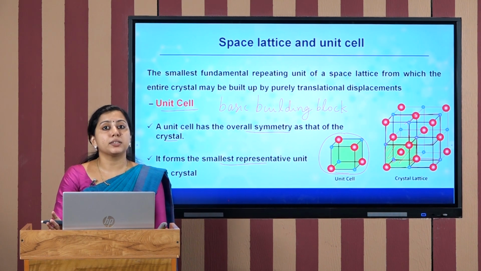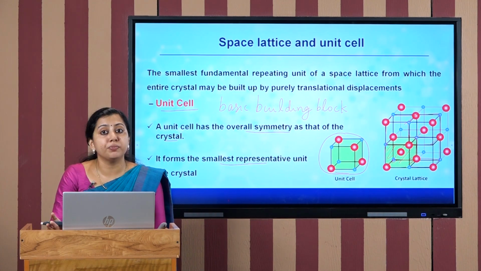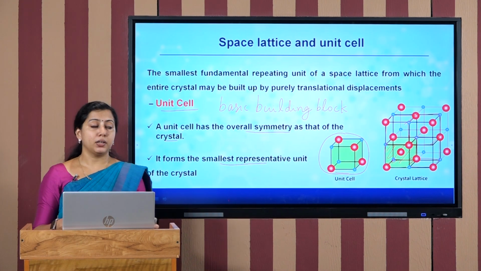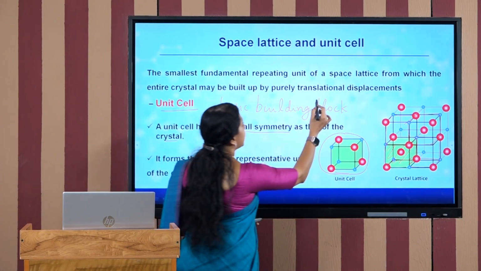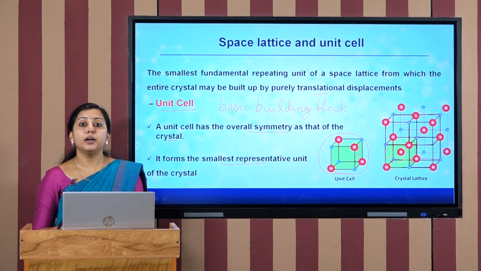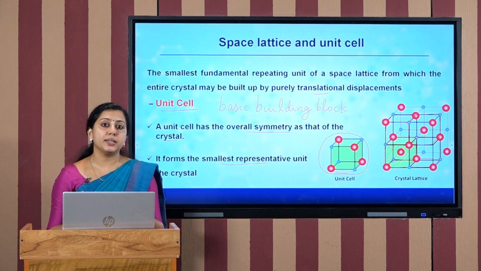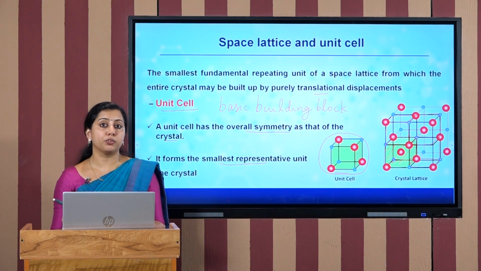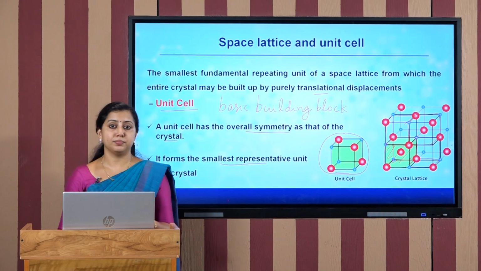The smallest fundamental repeating unit of a space lattice from which the entire crystal may be built up by purely translational displacements, or translational periodicity, is called a unit cell, and that is the basic building block of a crystal. And the symmetry of the unit cell will be the symmetry of the entire crystal.